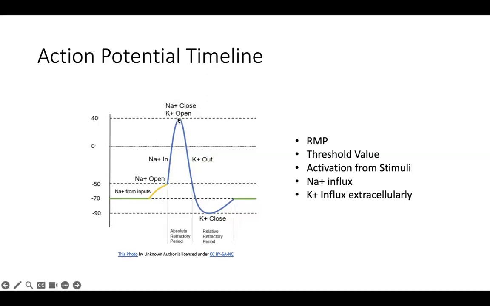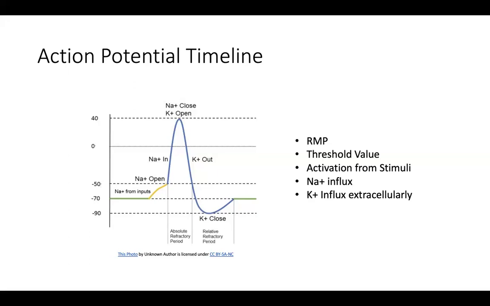At that point, when you hit that peak value, all of the sodium ion channels close and the voltage-gated potassium channels open up. And now you have a rapid efflux of potassium ions out of the cell. That causes the electrical charge of the intracellular membrane to fall.